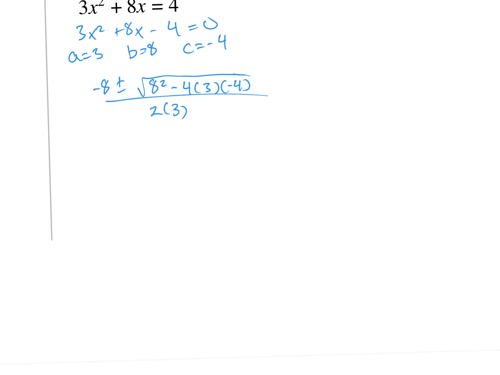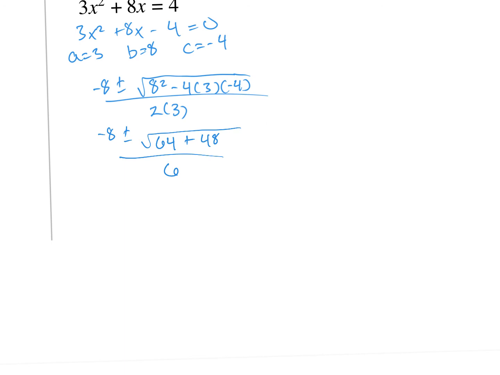So this is negative 8 plus or minus the square root of 64 plus 4 times negative 4 times negative 4, which is positive 16. 16 times 3 is 48. So it's 48 over 6.